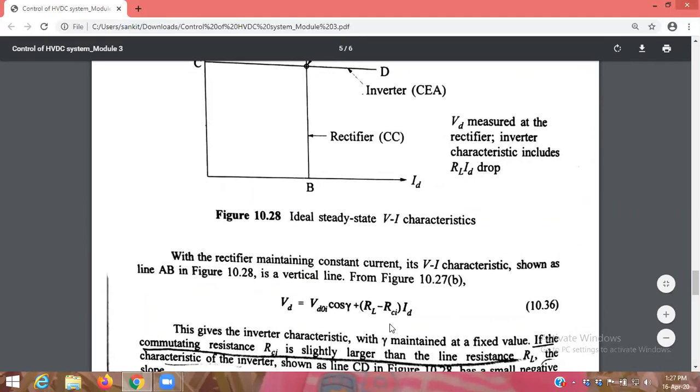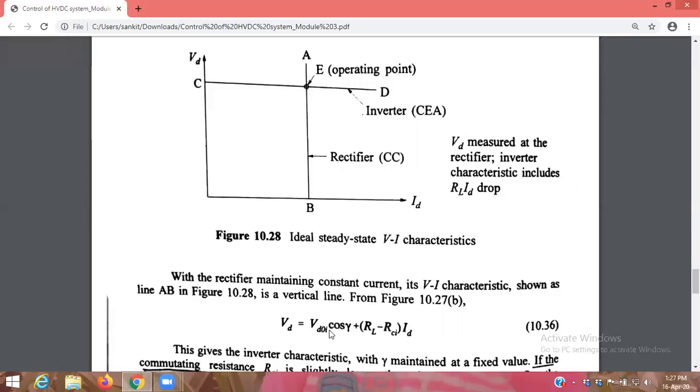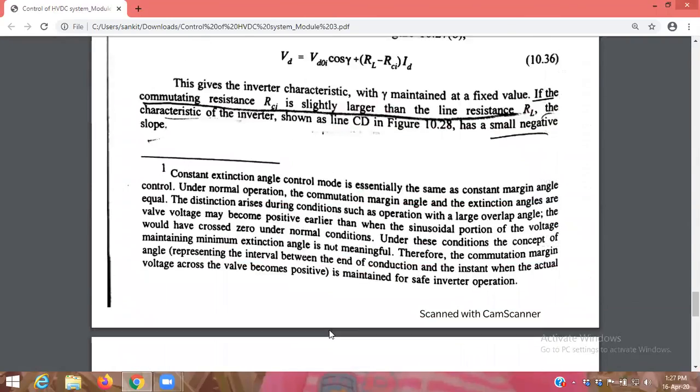Now these inverter characteristics can be lowered or raised depending on this VD0 cos gamma. That means if gamma, the extinction angle of the inverter, is constant, this voltage can be changed by changing VD0I, and VD0I can be changed by changing the transformer tap changer setting at the inverter terminal. That is written here.